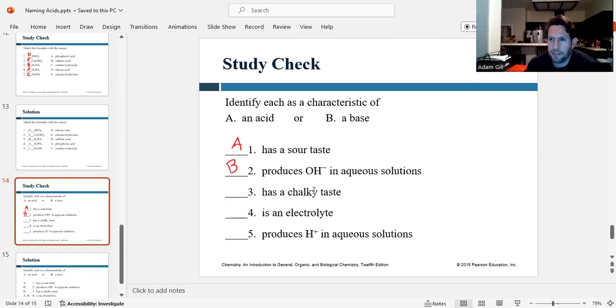Has a chalky taste. Well, that's going to be a base. Is an electrolyte. So both acids and bases ionize when dissolved in water. So both acids and bases are electrolytes. And what produces hydrogen ions in aqueous solution? That's going to be an acid.